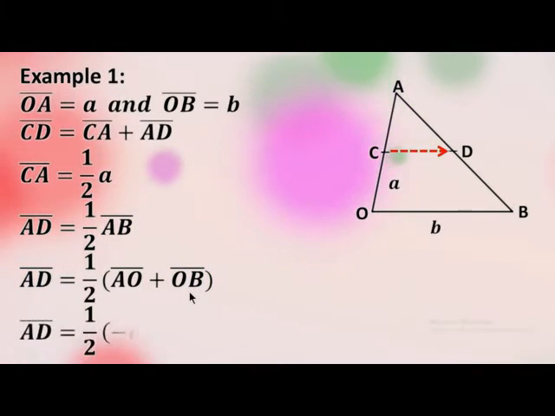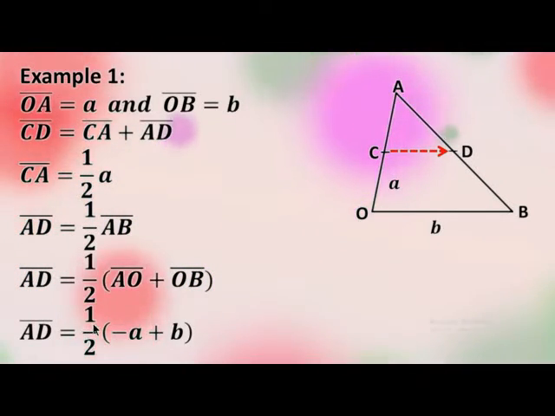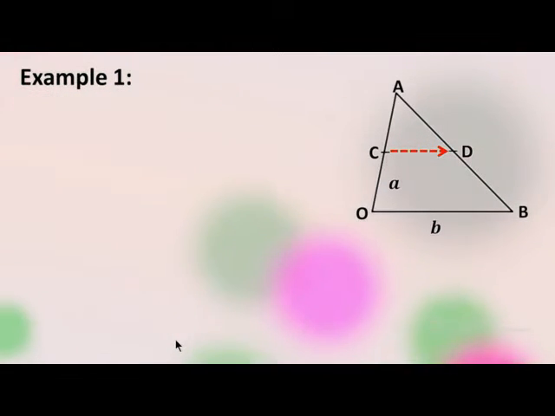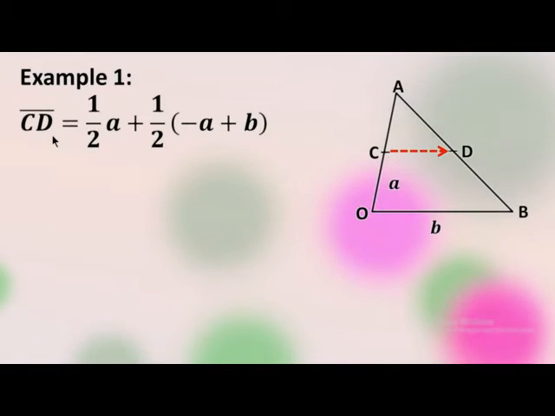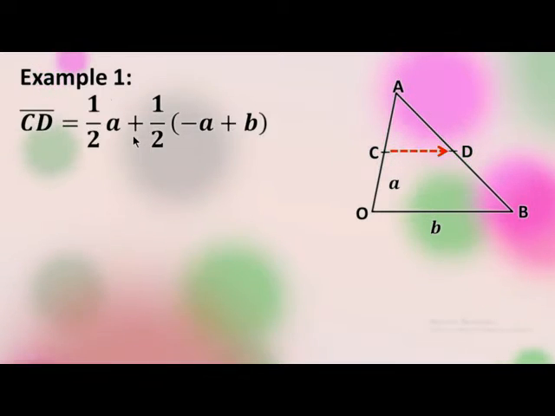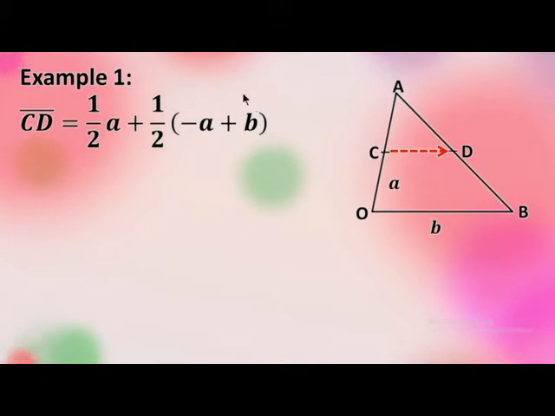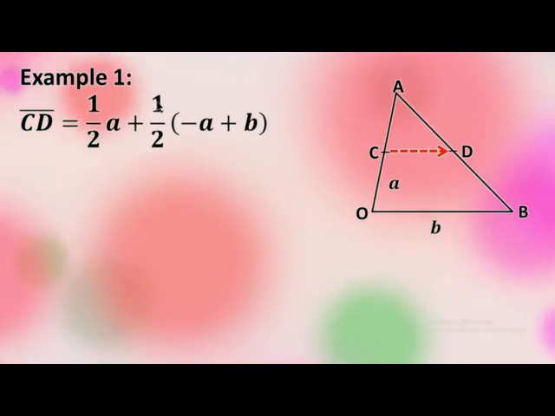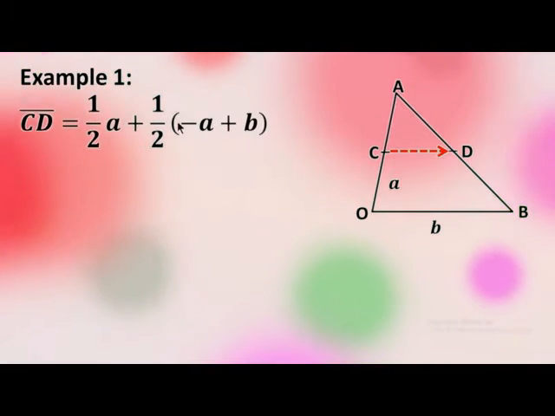We know that AO is actually negative A, the opposite direction of A, and OB equals B. So CD equals CA plus AD. This is CA, this is AD. You just need to multiply a half with all the vectors here.